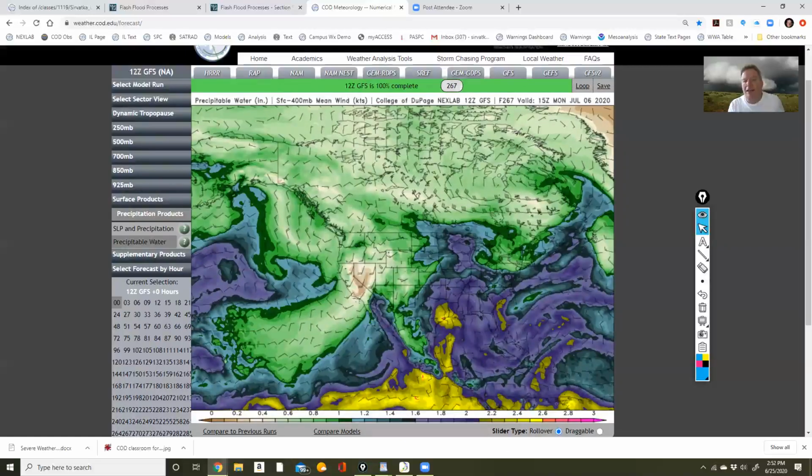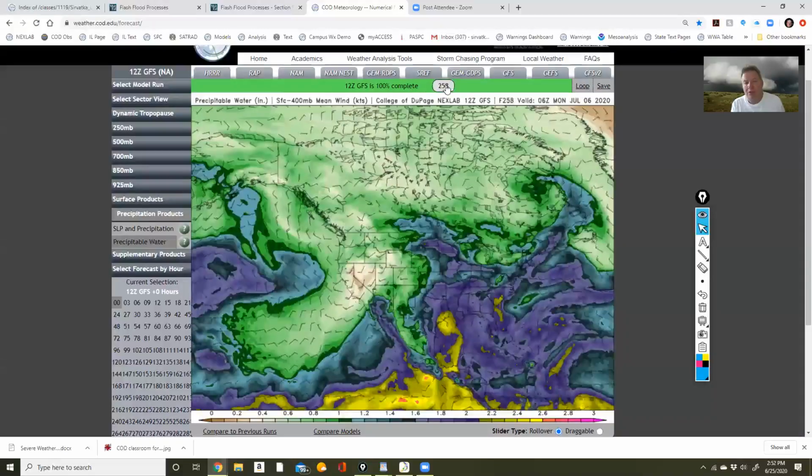All of a sudden, in 2 weeks, we get this surge of PWATS. And I'll come back to this. That's in the fire weather one, the pre-monsoonal moisture surge. So this is kind of cool, but the desert is going to start getting rainy. And therefore there's going to be thunderstorms. And we'll talk about this in terms of fire.